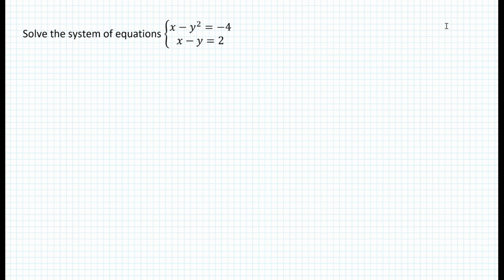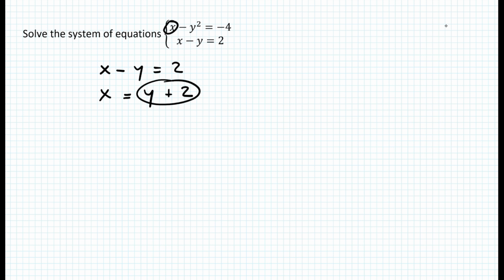So what we can do here, now we need to isolate one of the variables and substitute into the other, okay? For example, if you look at the second equation, x minus y is equal to 2, we could solve for x in terms of y. So here we have y plus 2 now. So what we can do now is substitute this x with y plus 2 in equation 1.